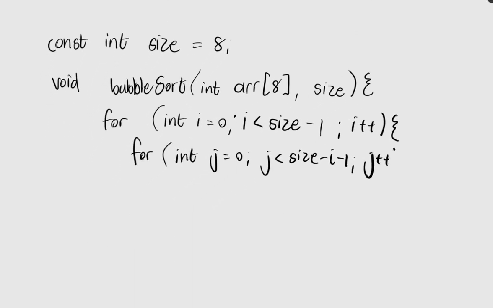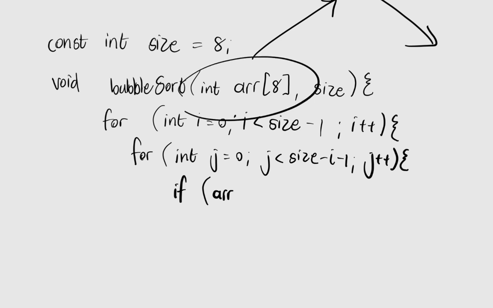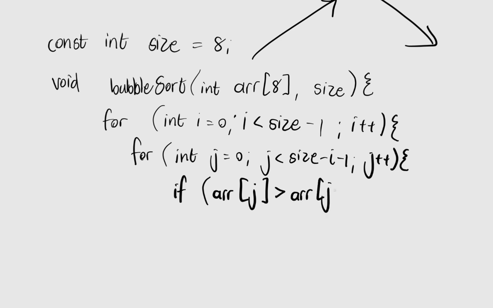Then you say j++. And then here, you're going to say if. This is where the difference comes in, whether you want to go in ascending order or descending order. In this case, we're going in ascending order. So we say if array[j] is greater than array[j + 1].